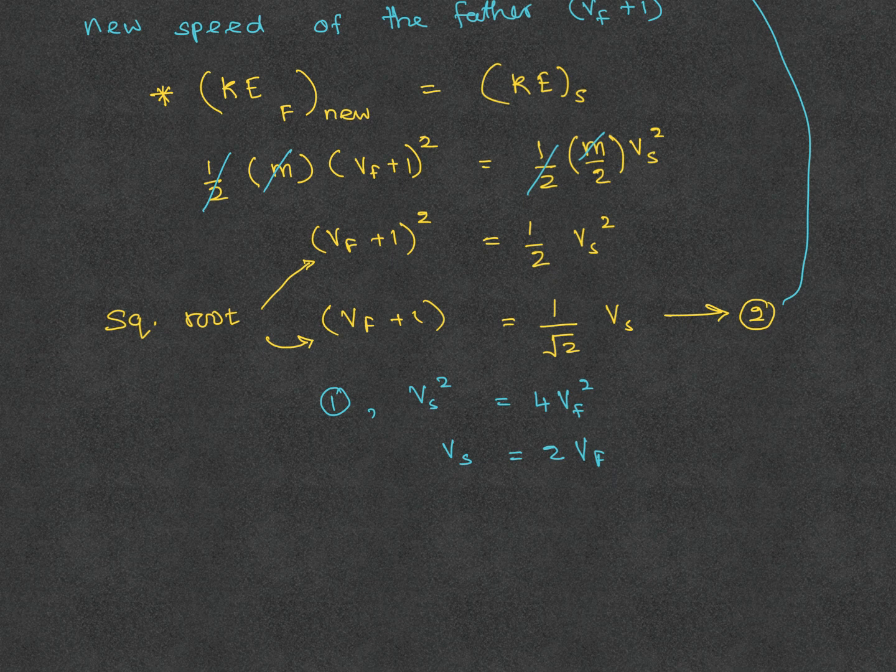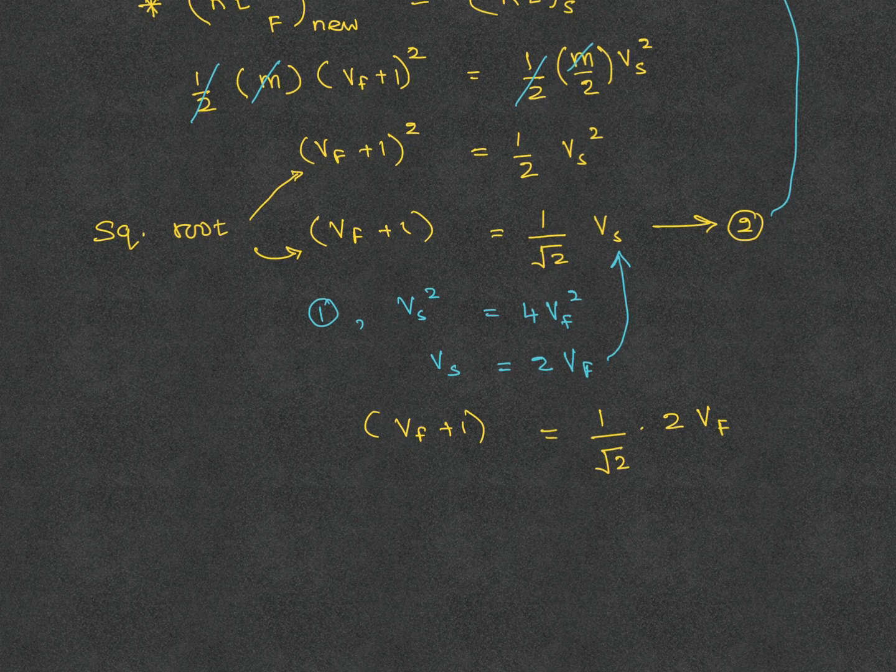Now I am going to substitute for this vs, and that will give you the following: vf plus 1 equals 1 over square root 2, and vs is 2 times vf. So that will end up with the following: vf plus 1, and 2 divided by square root 2 gives you square root 2, and vf.